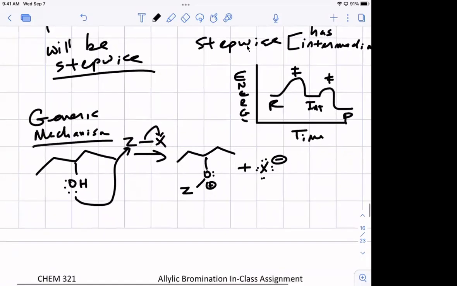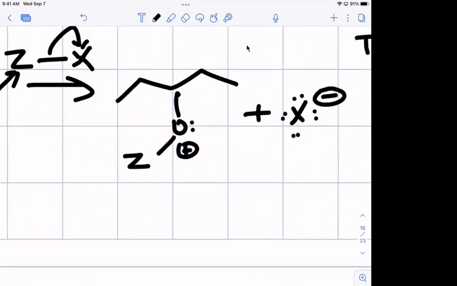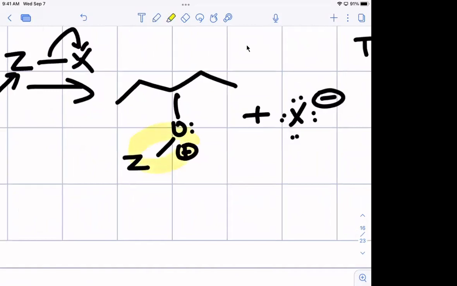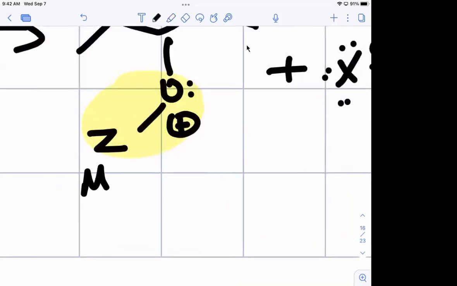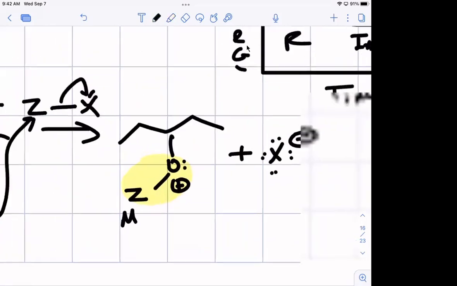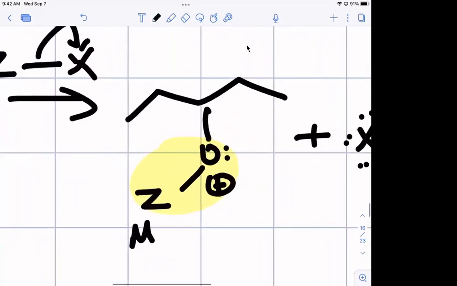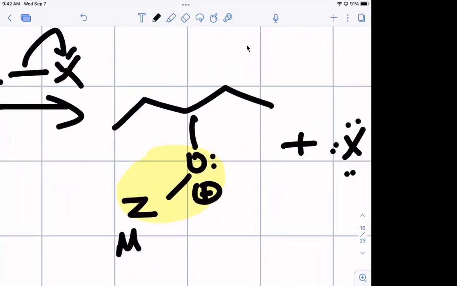So in a generic sense, you have your halogen source, and it reacts with the alcohol. And now this is the key. Every one of these reactions is going to have a first step like this to make the alcohol a better leaving group. Let me put the hydrogen back on here.